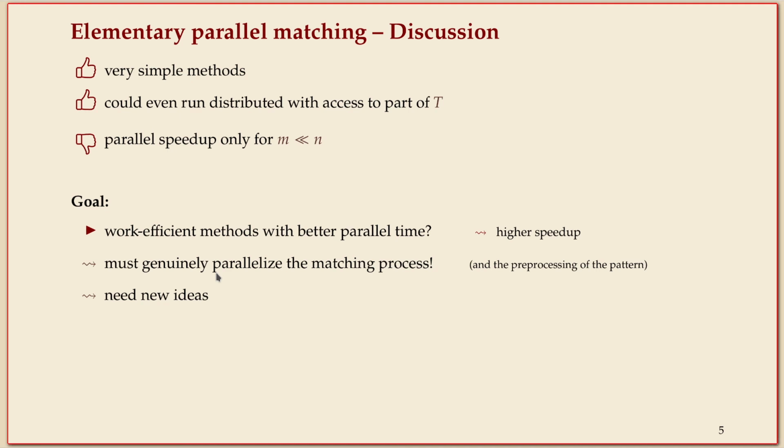The idea of breaking the text into little chunks of roughly size m, that looks useful, but unless we parallelize that step as well, we will be stuck with parallel time m. So it looks like we need some new ideas, at least with just black box puzzling together either the brute force method or existing sequential methods. We won't break this m time barrier. And that's what we'll look at next.